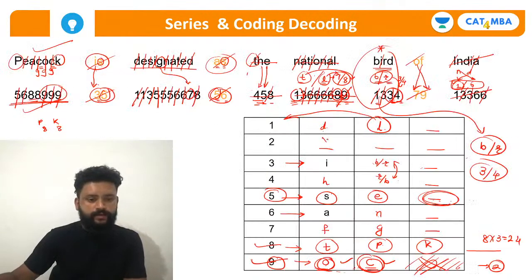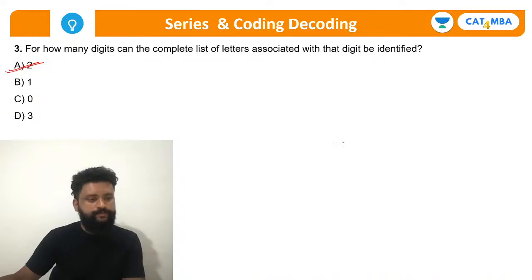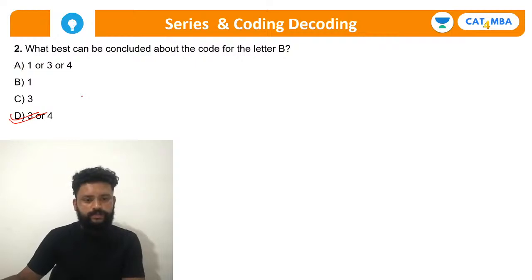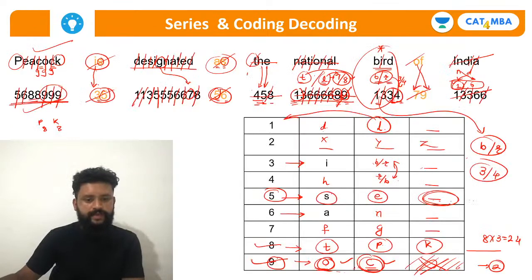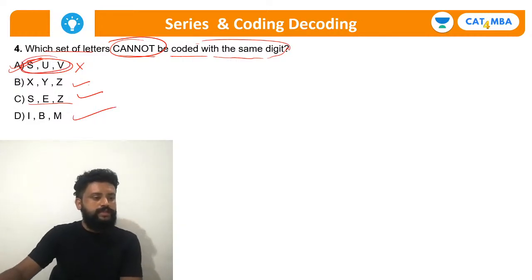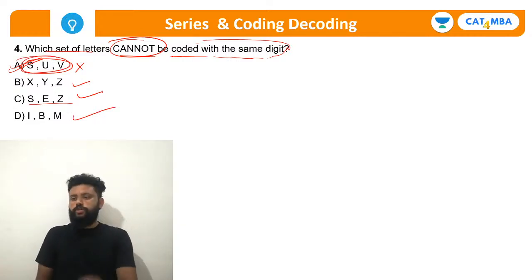Can be here. Then SEZ, it is possible to have the same code for SEZ because S and E already represent the same. Here it can be Z and you get the same code. So all other answer options are possible, so the first one is the answer that is not possible.